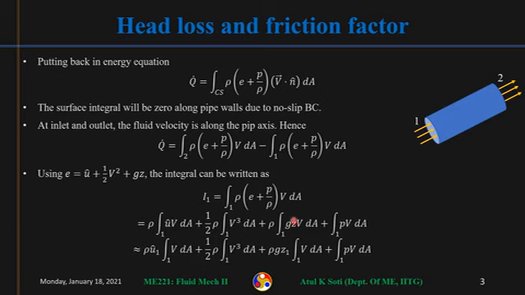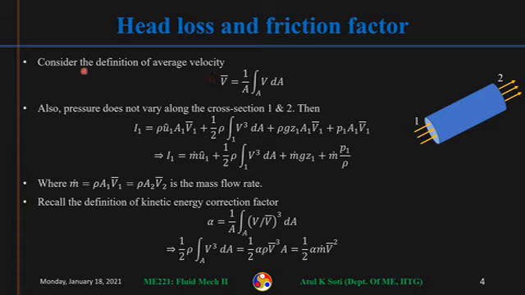Here also we take G out, since G is anyway constant. Z we take out, and we say Z is at the middle of section 1, that is the height of the center of the inlet, times VdA, and this also remains as it is.